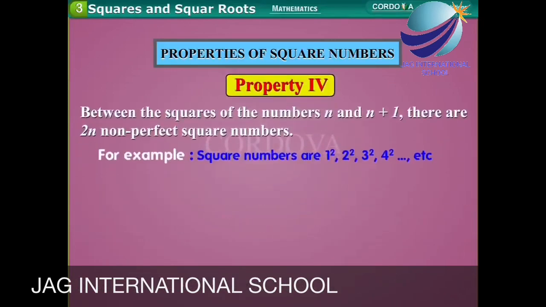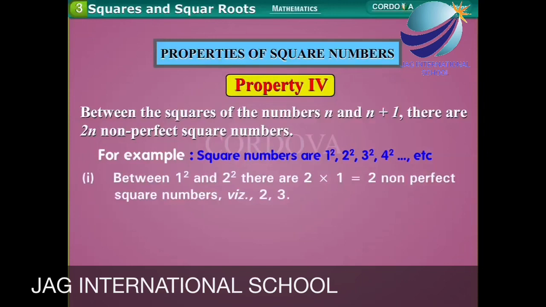Property 4. Between the squares of the numbers n and n plus 1, there are 2n non-perfect square numbers. For example, square numbers are 1 squared, 2 squared, 3 squared, 4 squared, etc. Between 1 squared and 2 squared, there are 2 into 1, which is equal to 2 non-perfect square numbers, namely 2, 3.